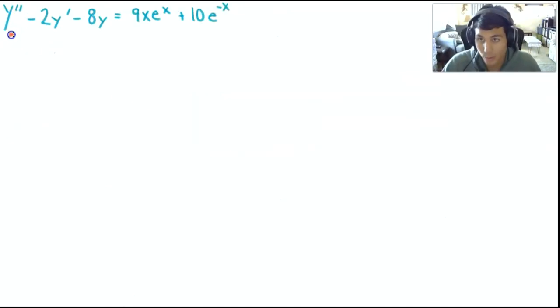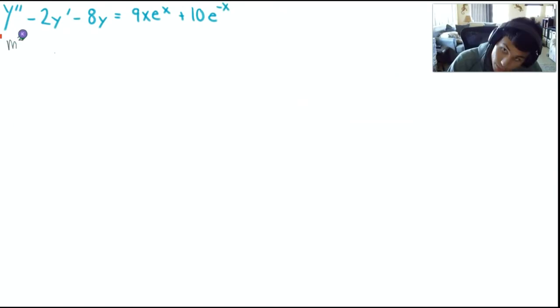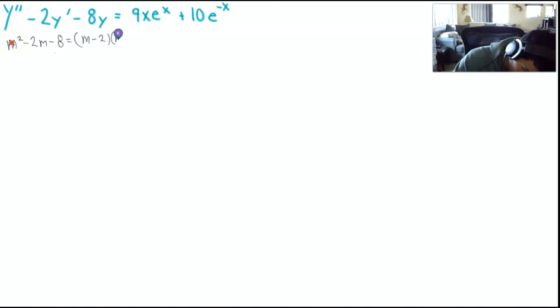Now let's just jump straight into it. m squared minus 2m minus 8. Factorable pair, let's think, maybe it's m minus 2, m plus 4. Nope, it's the other way around.